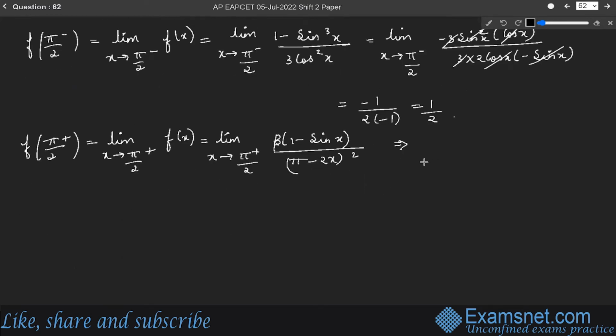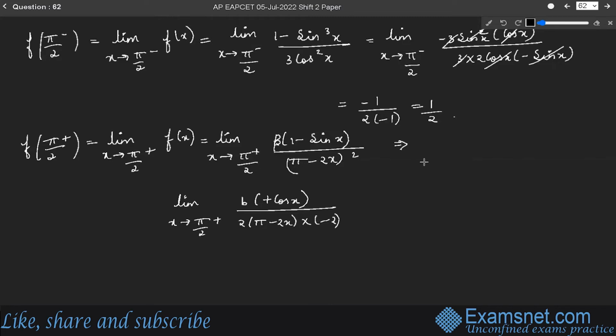So after applying the L'Hospital's rule, it will become limit x tends to pi by 2 plus b into plus cos x divided by 2 into pi minus 2x into minus 2. Again, this becomes a 0 by 0 form.